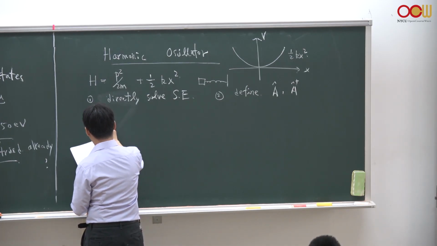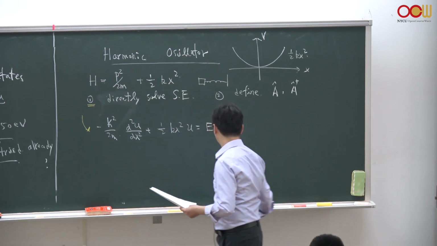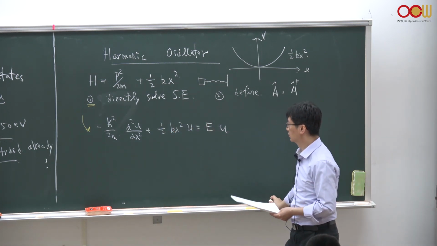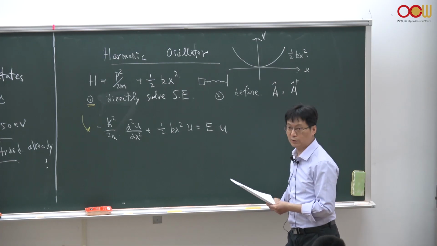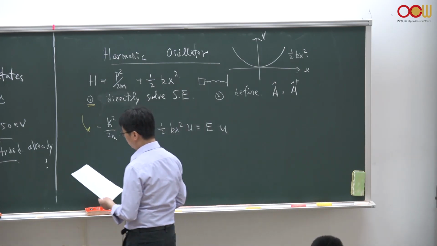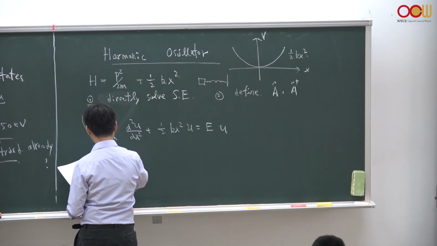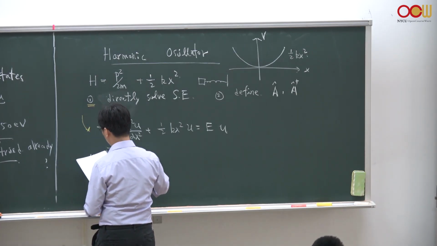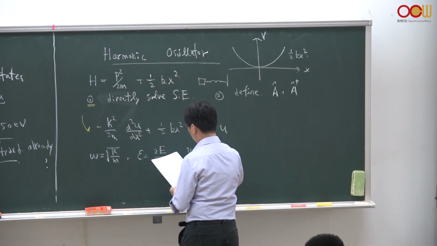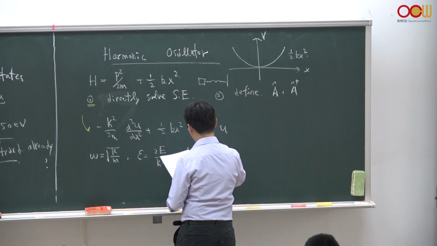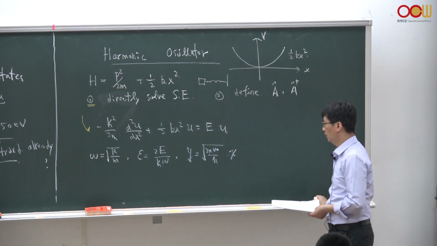Let me just write down this time-independent Schrödinger equation. Okay, so we'd like to find the solutions from the Schrödinger equation. So what do we do? Well, we simplify the notation. Like what we did for the classical harmonic oscillator problem, we define these dimensionless variables like this, omega, epsilon, and y.